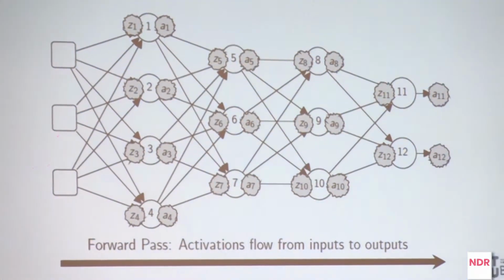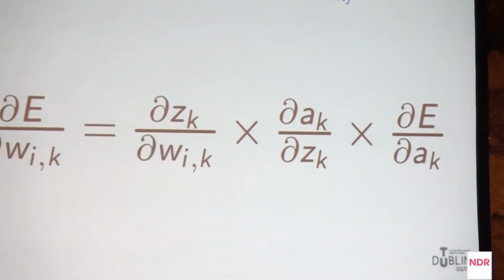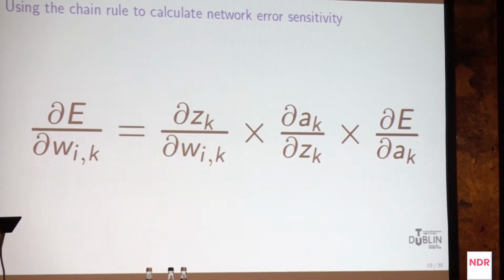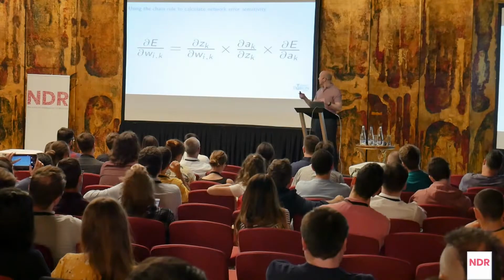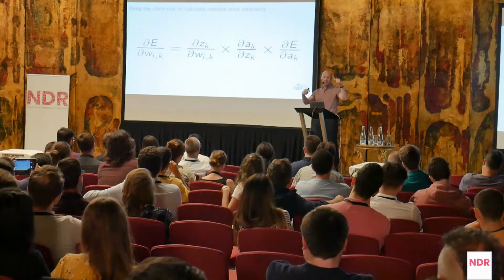Okay? And what you're going to find, if I jump back a second, is that that term there, for example, is just going to end up being one of those activations calculated in the forward pass. This term here, we simply plug the z value that we calculated for a neuron in the forward pass into the derivative of its activation function, which we'll know from looking it up in a book.